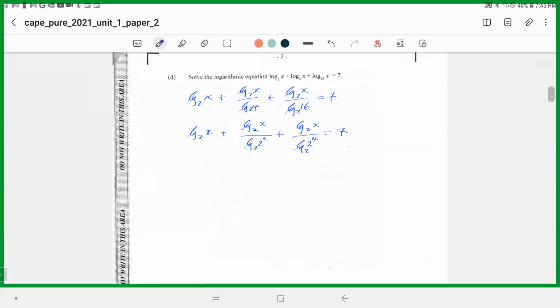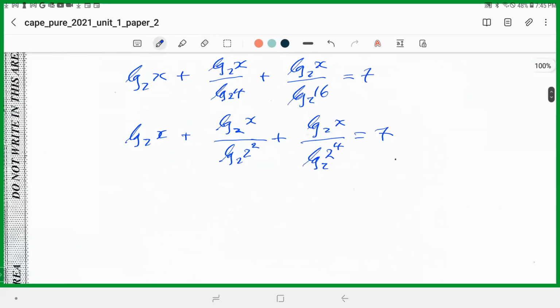So you understand this, we replace this with a 4 for the 4. We replace the 16 with 2 to the 4th power, right? We're searching for the log to base 2 of 2. That's why we do that. So this 2 will come to the front using the power law of logs. And this 4 will also come to the front using the power law of logs, right?